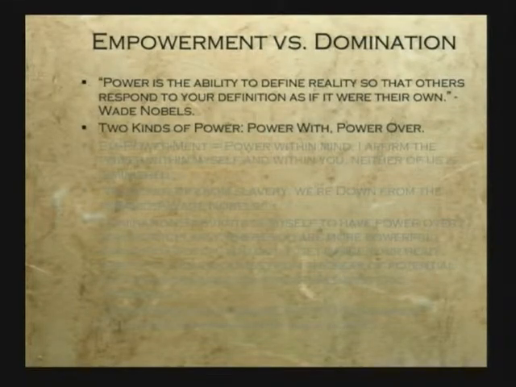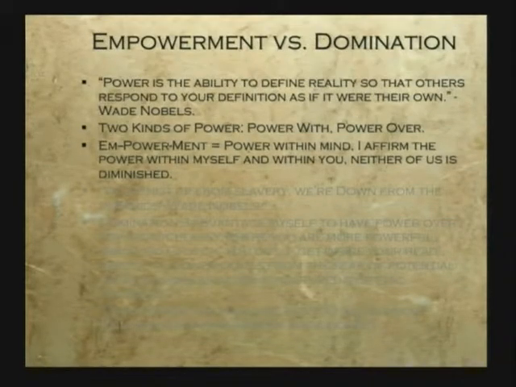So there's two kinds of power then, at least. Power with, and there's a reason why, because I got the computer. Power with and power over. You're familiar with power over, because that's usually how it's done. But power with, that's also a form of power.